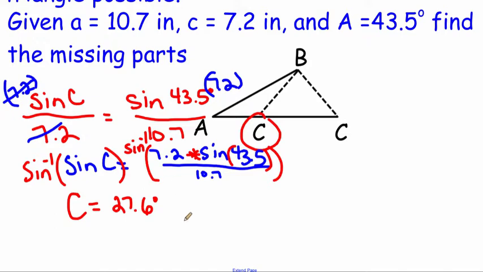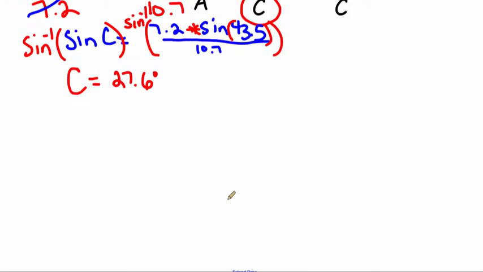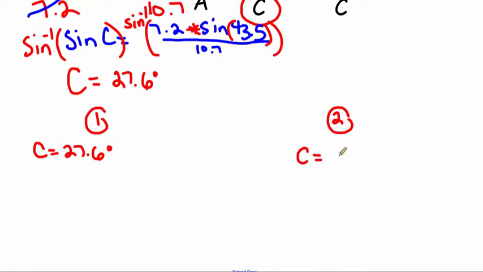Now again, I like to go back and look at my given information and make my two possible triangles. Because this was a side-side-angle case, I have two possible options. So angle C could be 27.6 degrees, or angle C could also be the supplement of C, which ends up giving me 152.4 degrees.